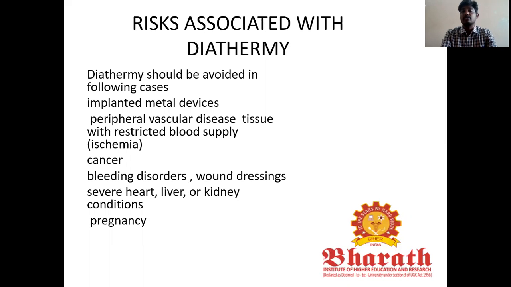What are the risks associated with diathermy? Every physiotherapy treatment center has short wave and microwave diathermy. We know that with short wave diathermy we can treat local deep-level tissue.